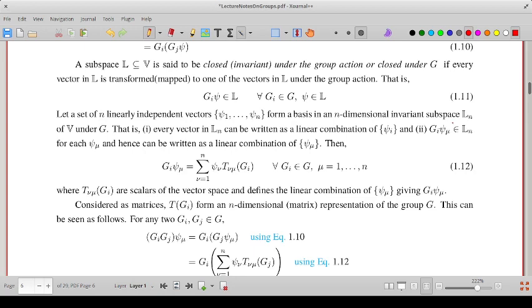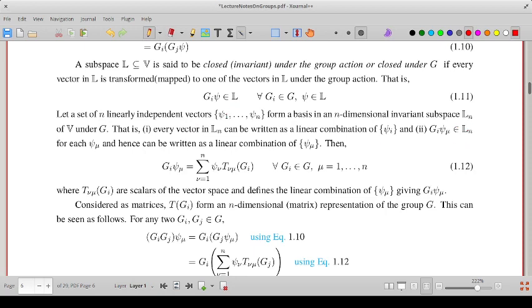So there will be n linearly independent basis vectors that span this space, and let us call them psi 1, psi 2, etc. up to psi n. Since they form a basis set, every vector in the subspace Ln can be represented as a linear combination of these vectors.